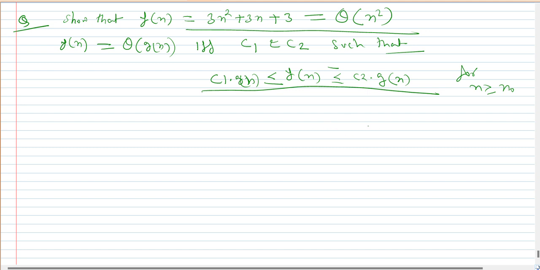So here we are covering, basically we'll divide this equation into two forms.